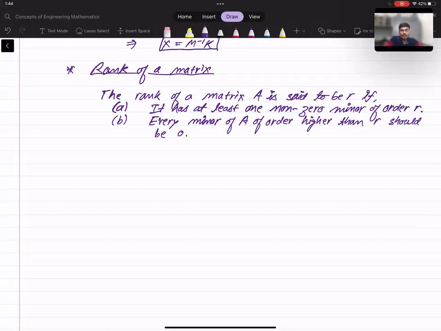Then R is the rank of the matrix. Now, using these concepts we can determine the rank of the matrix.